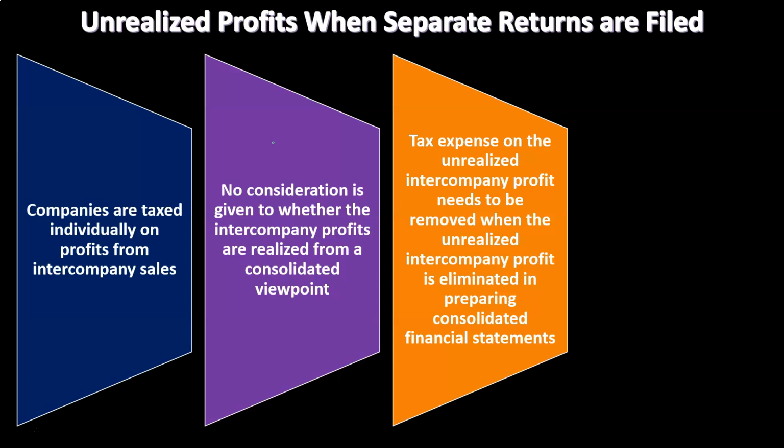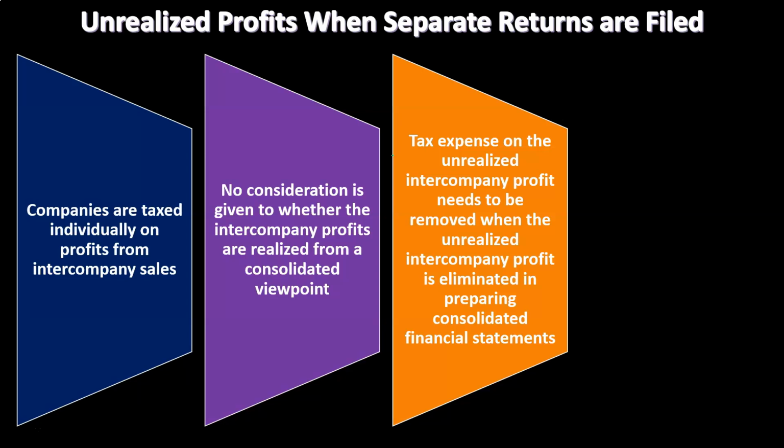Tax expense on the unrealized intercompany profit needs to be removed when the unrealized intercompany profit is eliminated in preparing consolidated financial statements. So now you're going to have a tax expense when you think about the consolidation process. You've got this added expense for the gross income, and that's a result that you're trying to eliminate with the consolidation entry. We have two separate tax returns, but we're trying to consolidate them together for financial statement purposes.